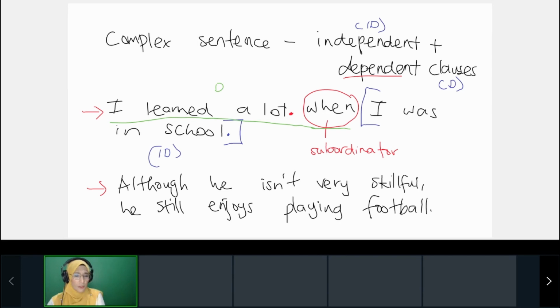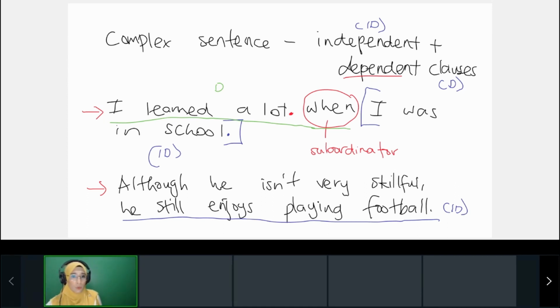First of all, try and identify the independent clause that can stay on its own, it can be solo. So it has to be this one. He still enjoys playing football. You can make this the solo clause or the solo sentence. So we can call this ID.